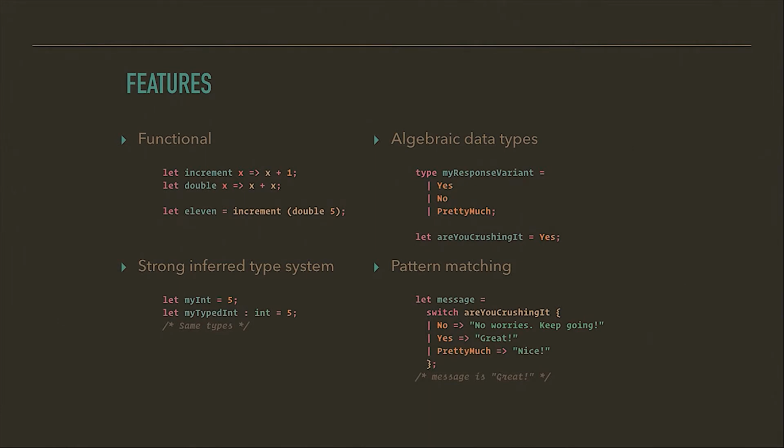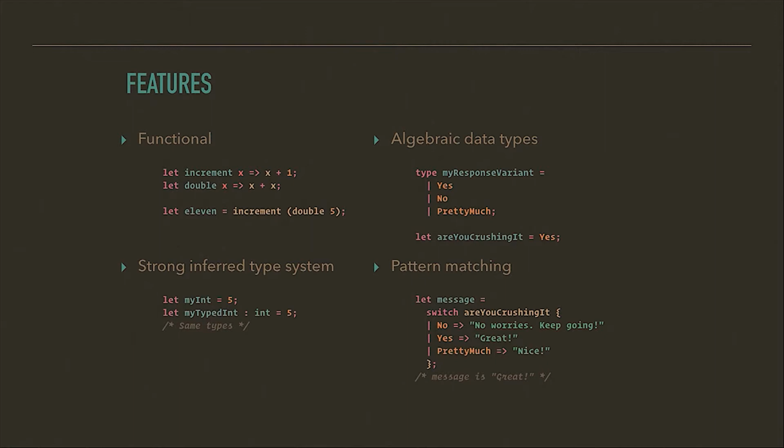And the type system is also inferred, so you don't need to annotate every single one of your types. It will try and figure it out for you if it can. It has algebraic data types built in, which we'll look into a bit more later, which are incredibly powerful. And coupled with that, it has a pattern matching system that goes really well with these algebraic data types, which gives you some patterns in the language that are very powerful for your application.